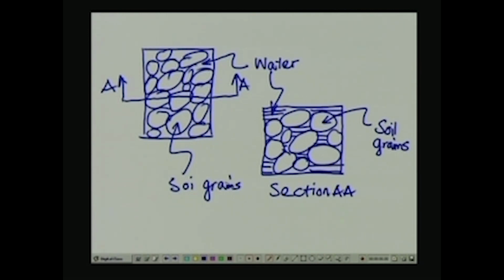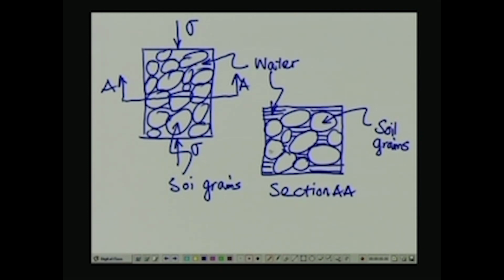Now, if you consider that this particular element is subjected to a compressive stress in that direction, then a part of the compressive stress is going to be transferred through intergranular contact, contact between individual soil grains, and part of it is going to be taken by pore water.